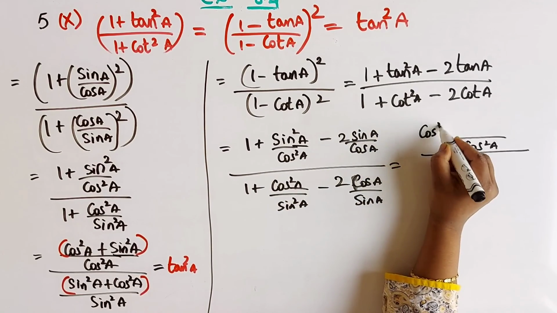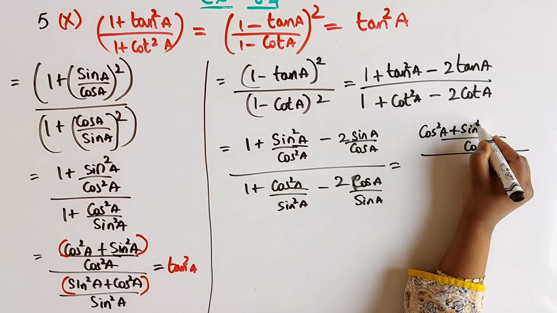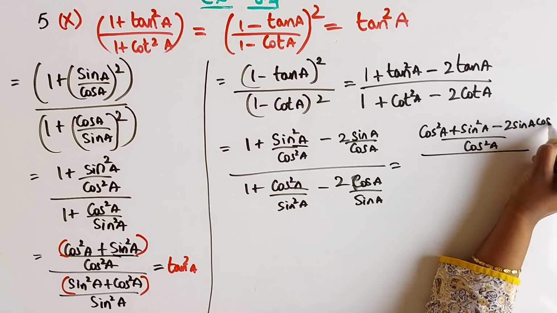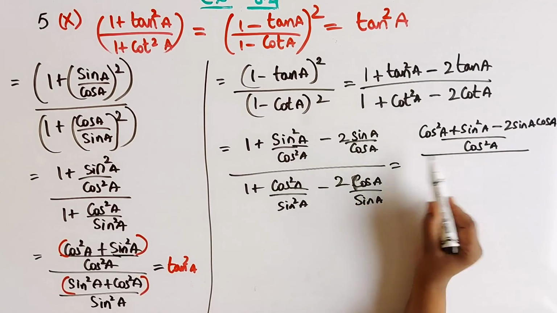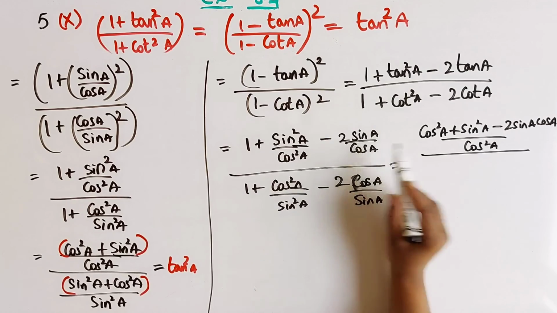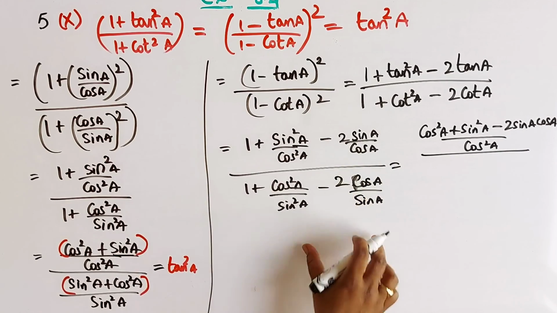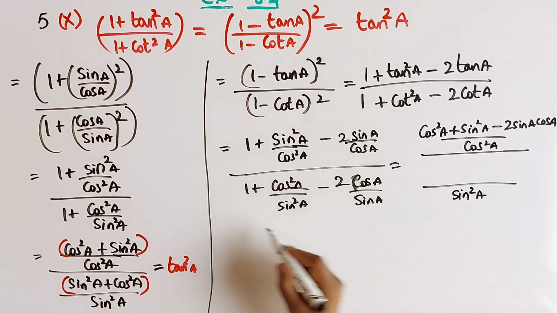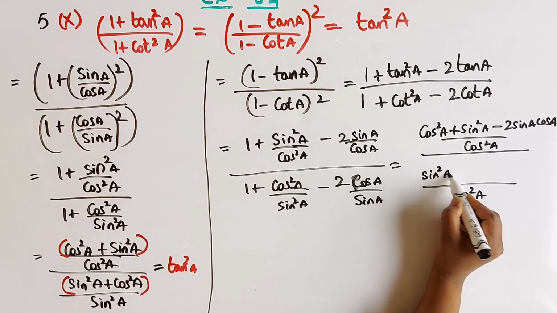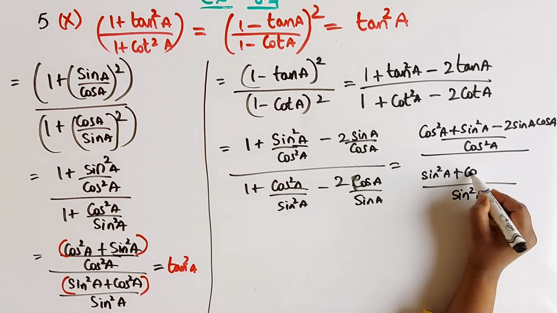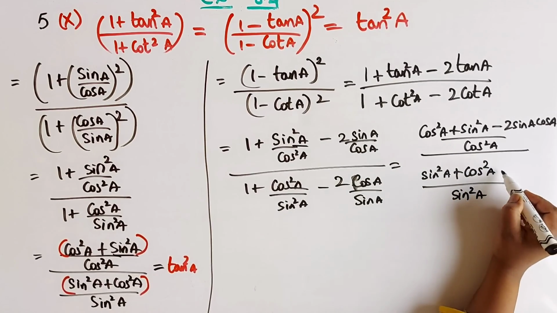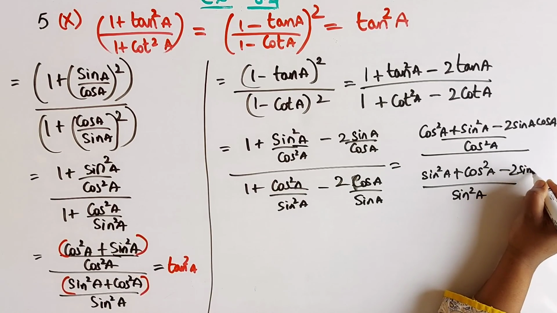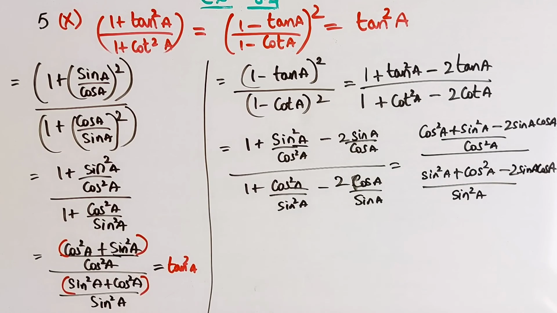So here cos square a plus sin square a minus 2 sin a cos a, because only one cos a is here, one more cos a is there, cos a into 2 sin a cos a, divided by, here also, now here sin square a is the LCM. Correct? Now sin square a plus cos square a minus, sin a already there, so 2 sin a cos a. Right children?